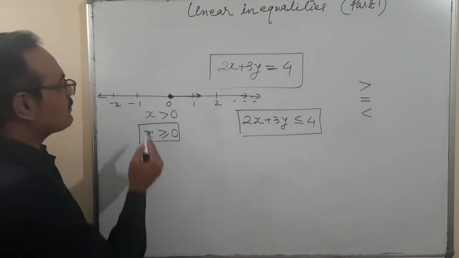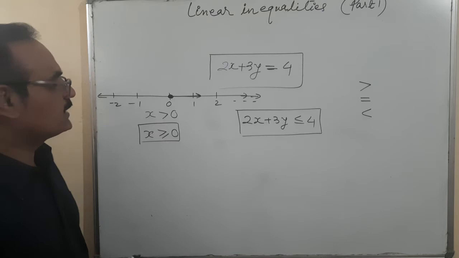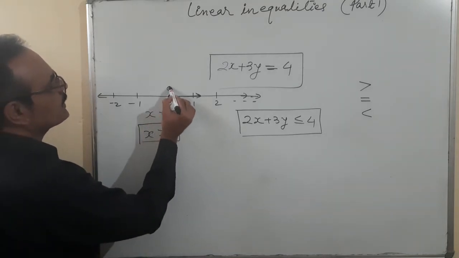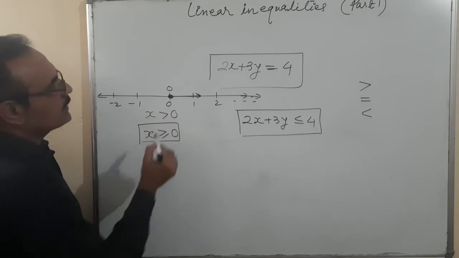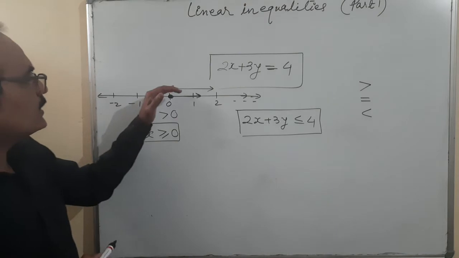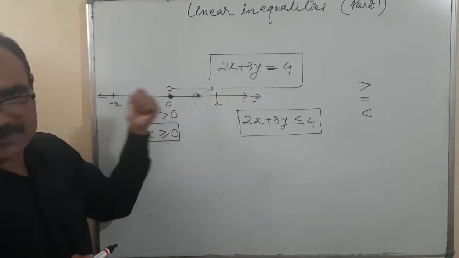But actually we are talking about x is greater than 0, strictly greater than 0. So if you are going to represent this, we just make an open circle at 0 and then an arrow. It shows that all these numbers will be satisfied for x except 0.